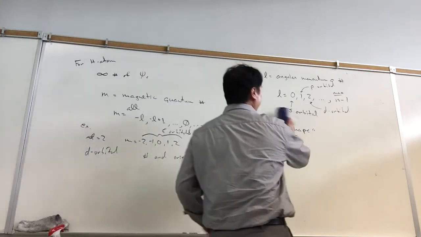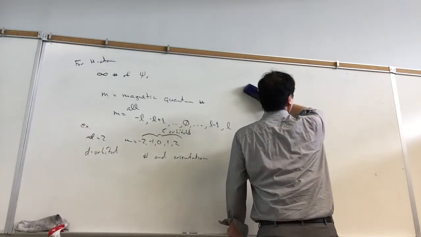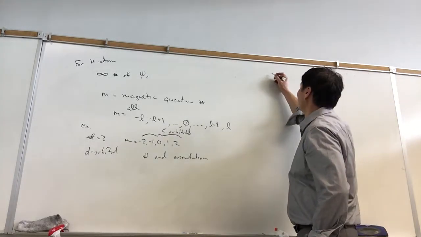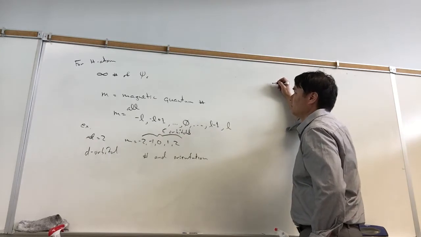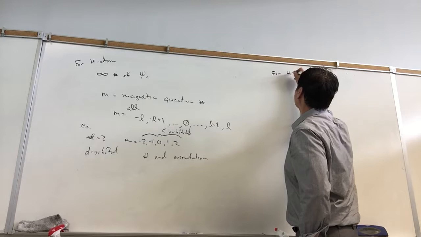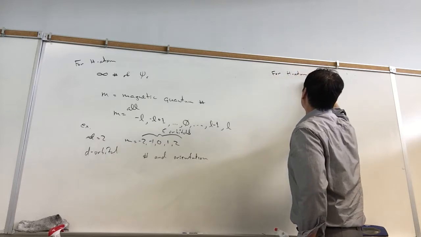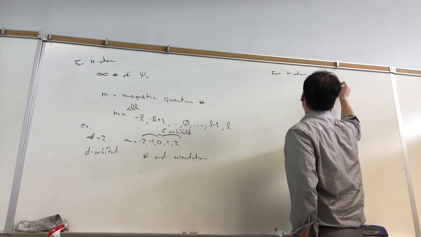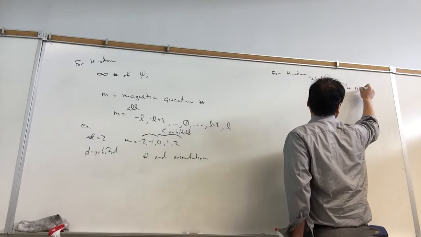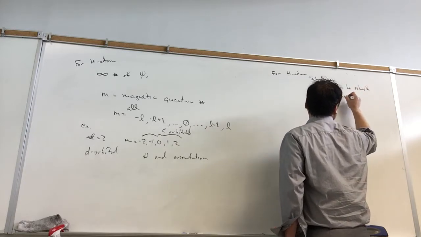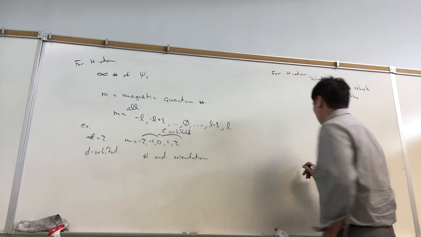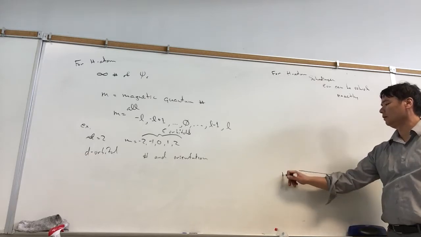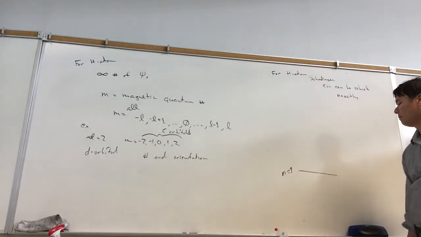And so it's easy to determine. We aren't actually going to solve this, but for the hydrogen atom, the Schrodinger equation can be solved exactly. And so here, the first allowed n would be n equals 1.